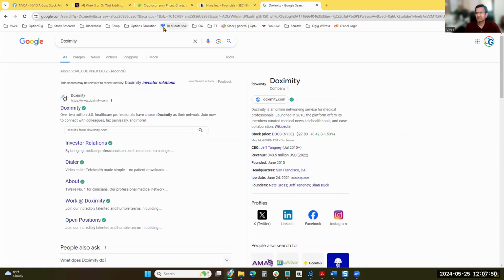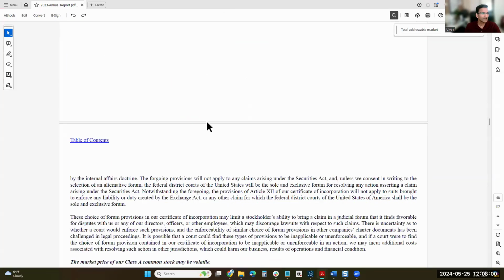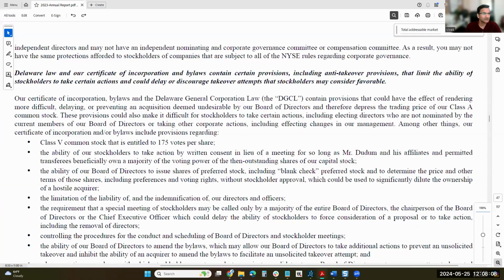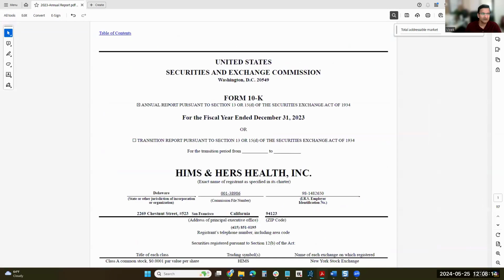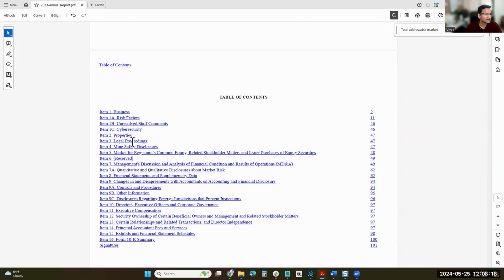Okay, so now we'll look at their financials. Let's go back to the top, page number 1. Let's jump over to the consolidated financial statements.